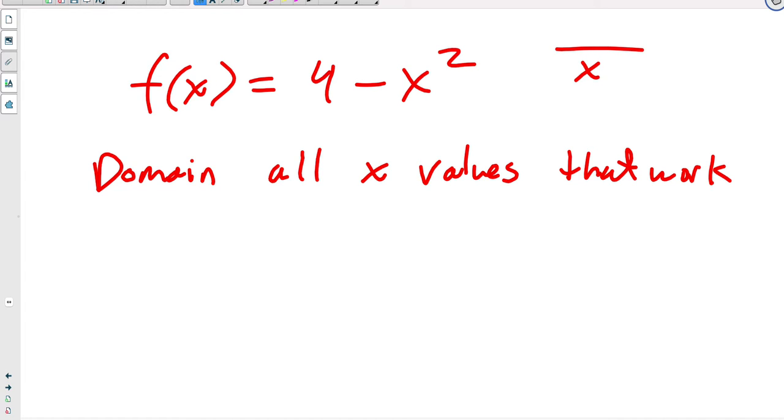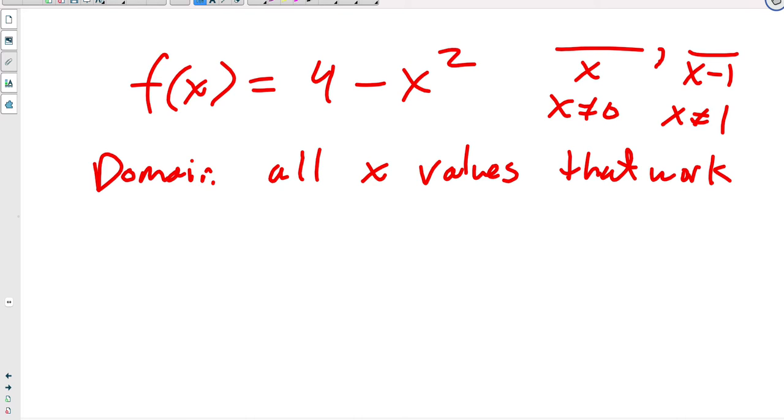So if you had x in the denominator, you couldn't have x equal to 0. If you had x minus 1 in the denominator, you couldn't have x equal to 1, because those values make math fall apart when you have a 0 in the denominator.